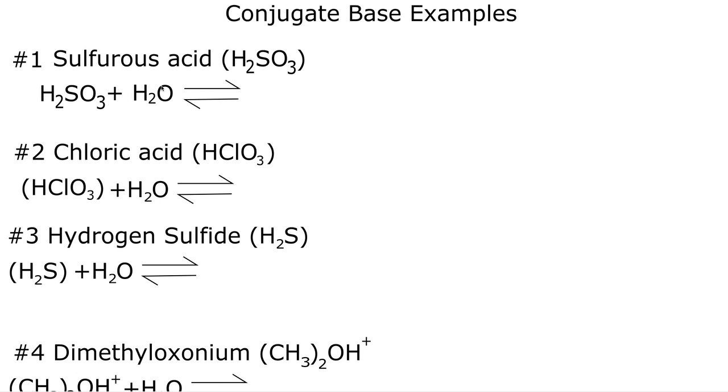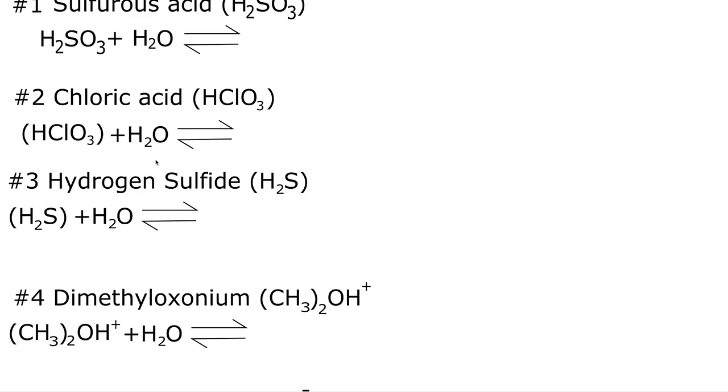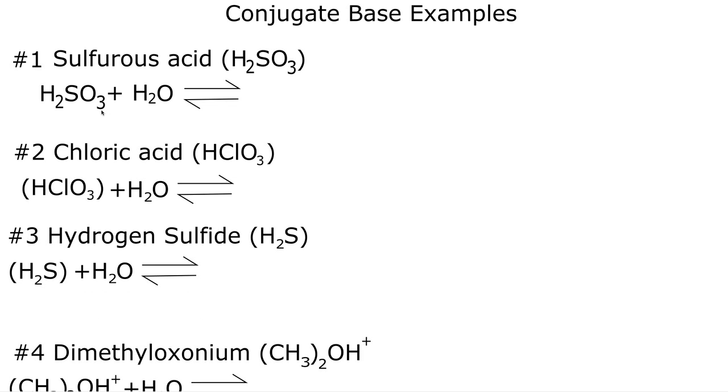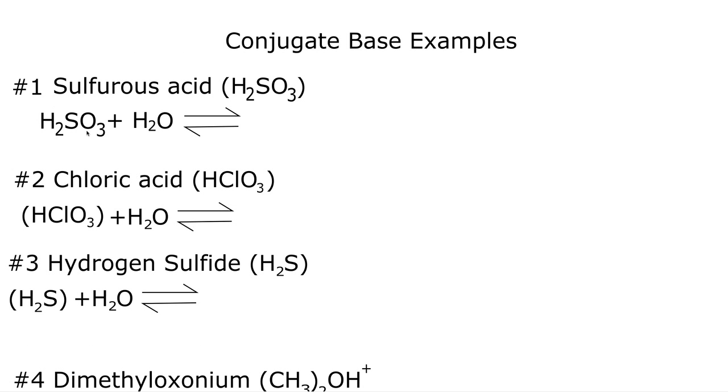Sulfurous acid, H2SO3 plus H2O. Keep in mind, these are all conjugate base examples, so water will always be acting as the base. So let's go back to this example. Our acid will lose a proton because acids lose protons, or donate protons if you want to say it that way, to our base.